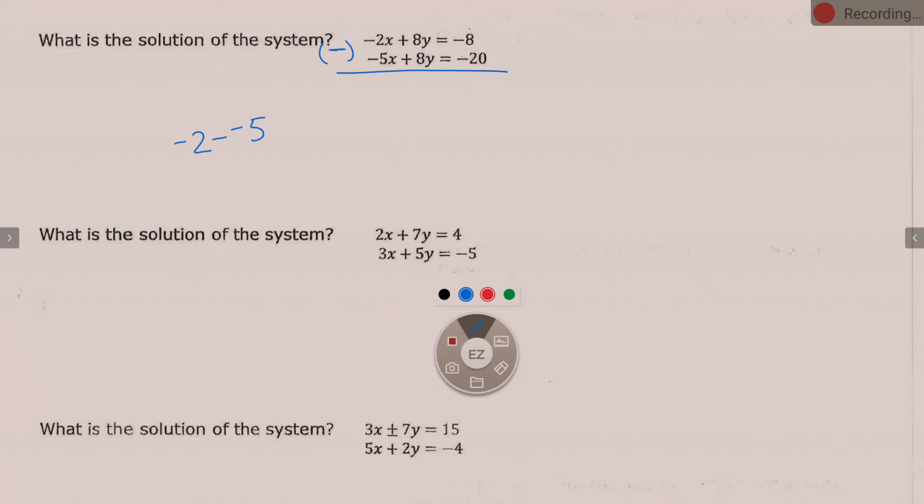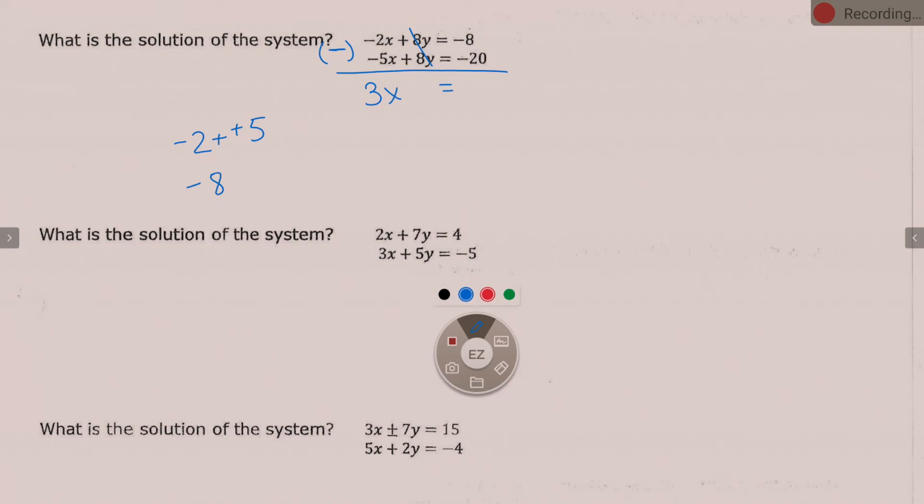3x? Yeah, because it's keep, change, opposite, if we go back to your middle school days. Two negatives make a positive. 8y minus 8y, they better cancel, right? That's the whole point of what I'm trying to do. Carry down your equal sign.